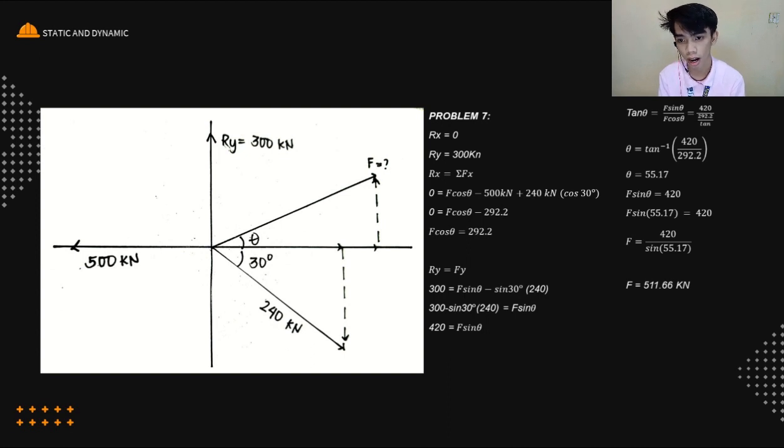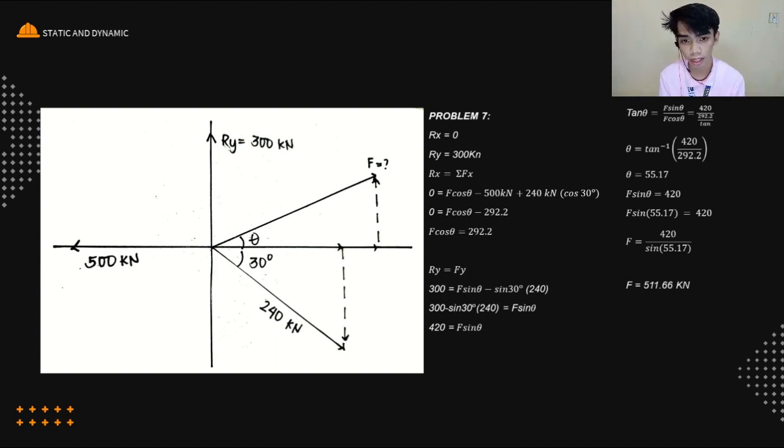So, since yung Rx natin is nasa mismong x-axis, ang magiging value niya is 0. Ang Ry naman is 300 kN. So, 0 is equal to F cosine theta minus 500 kN.